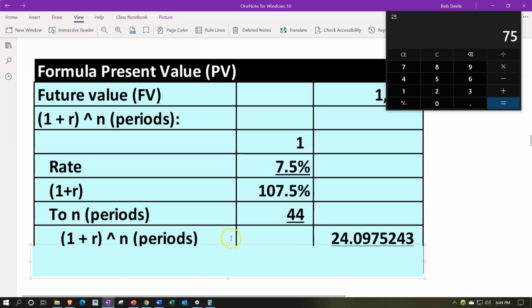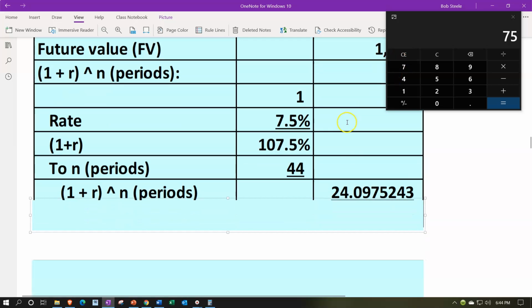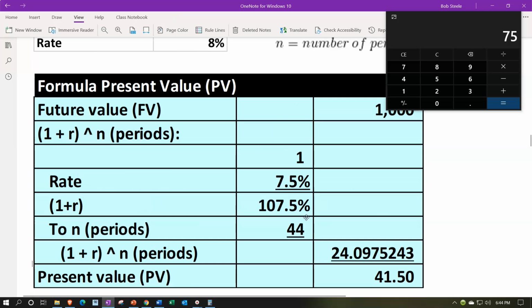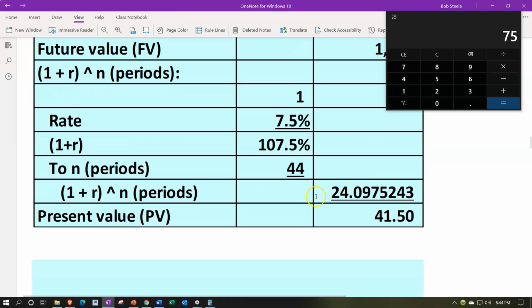So the 107.5 to the power of 44, which you may need that scientific calculator again for, gives us 24.0975243. If we take the 1,000 divided by the denominator, 24.0975243, we get the 41.5 again.